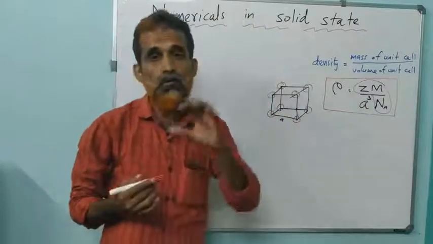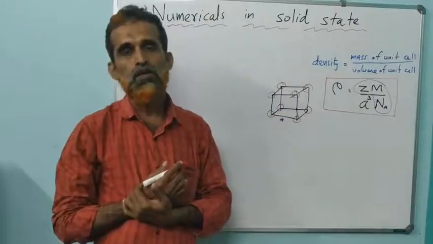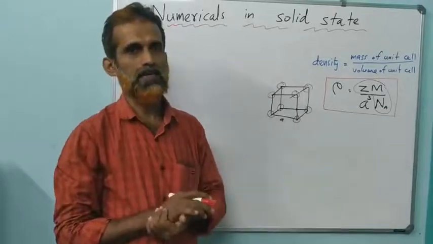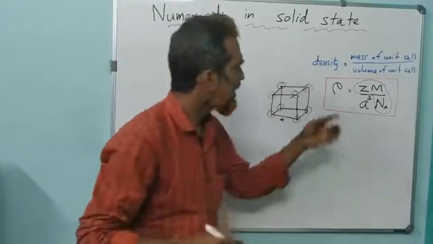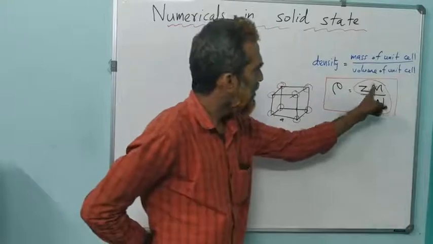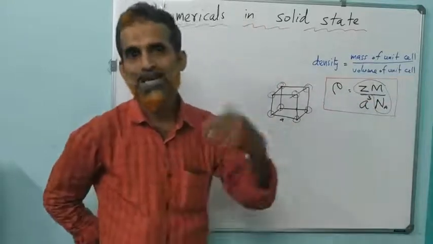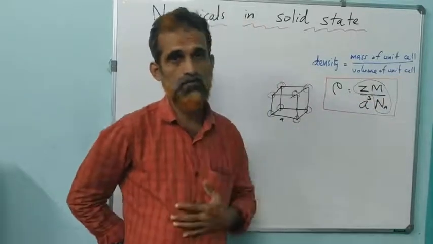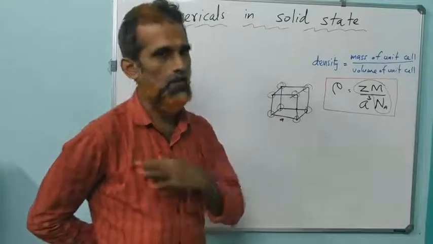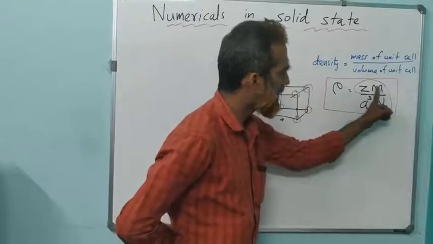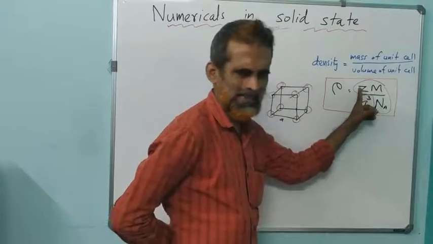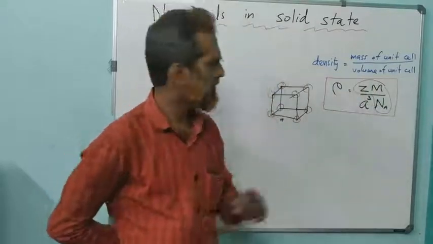Now whenever you do problems, numericals, you should be careful about the units. Generally we follow SI units. In that case, molar mass, the unit is gram per mole, because mole is defined in terms of mass in gram. Z doesn't have any unit, it is a number.